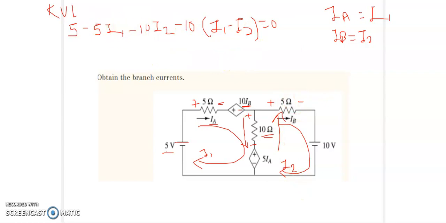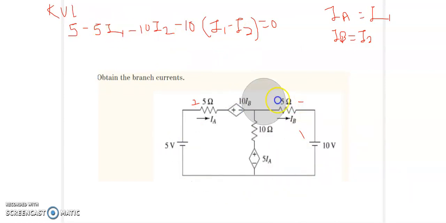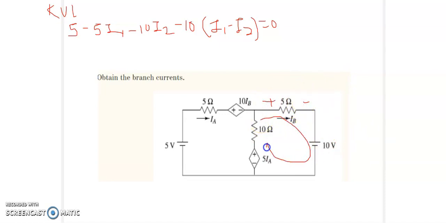Now coming to loop number 2, I will write the equation for loop number 2. Here the current is entering, here it is leaving. This is our direction. So this was KVL for loop number 1, and now we write KVL for loop number 2.